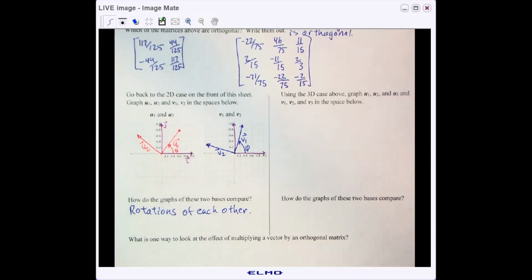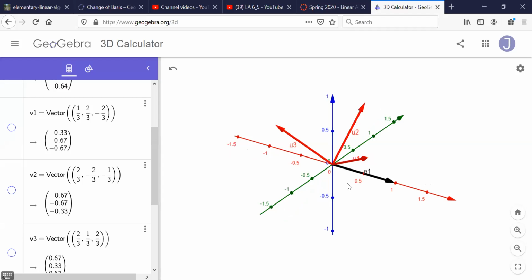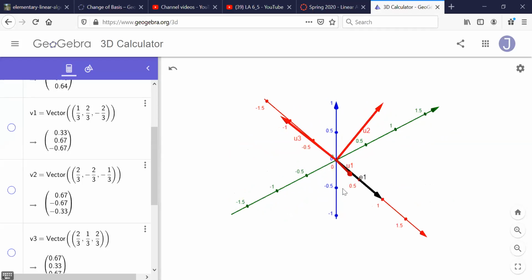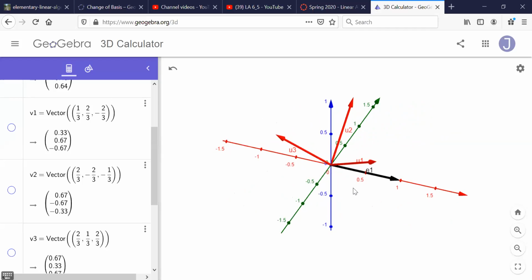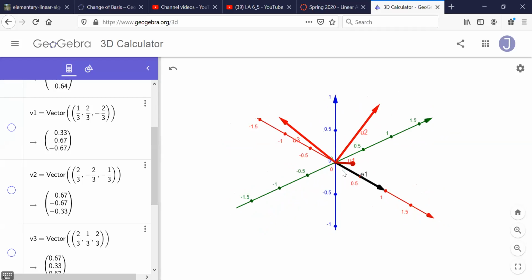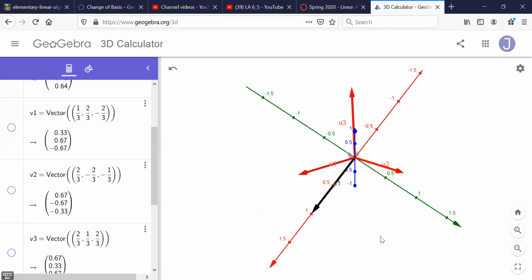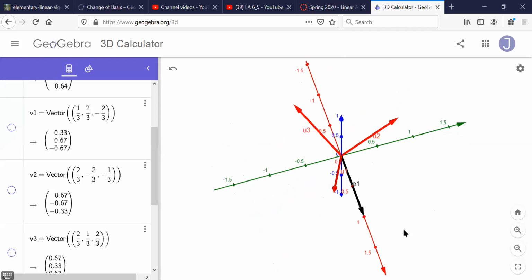And here he is. Okay, so I've gone ahead here in black, I've got the I vector, E1, and you can see I've got my three vectors, U1, U2, and U3. And you'll notice that they happen to be just a rotation away from I, J, and K, because these red vectors do form an orthonormal basis.